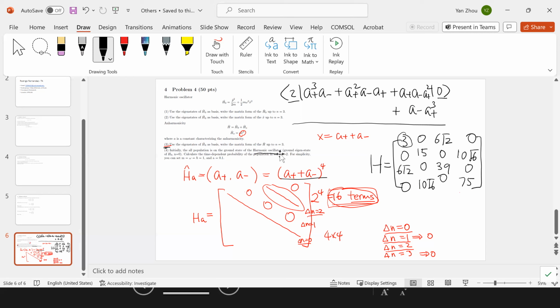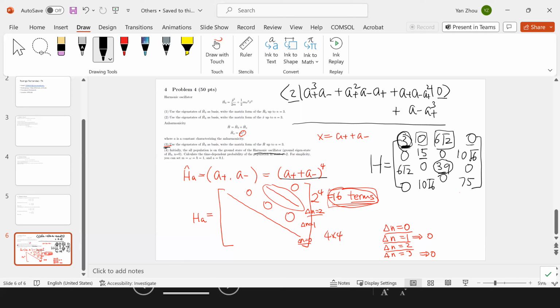If you just finish homework 3, the last part, you understand that if your state 1 is a ground state, it is connected to the third state through this. So the population of state 1 indeed can go into the state 3. But if you're trying to connect state 1 into state 2, you find that the connection is 0. There's no connections. And the same thing, state 1 to state 4, there's no connections.